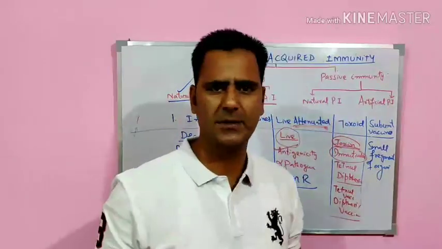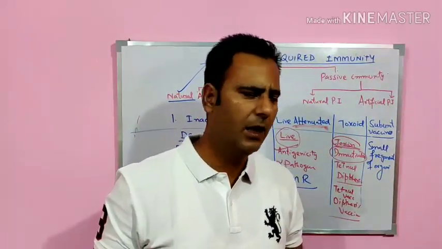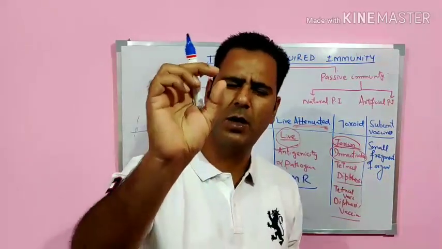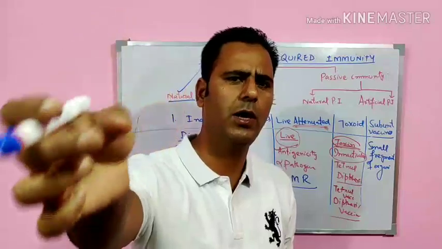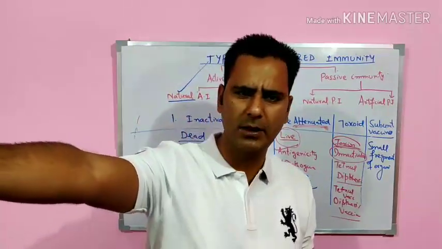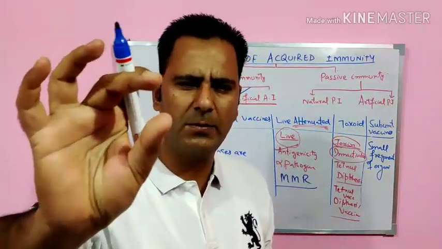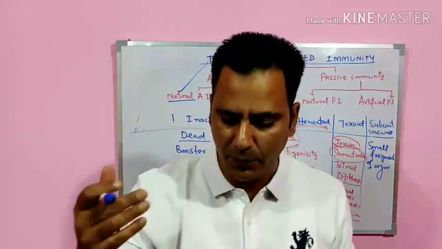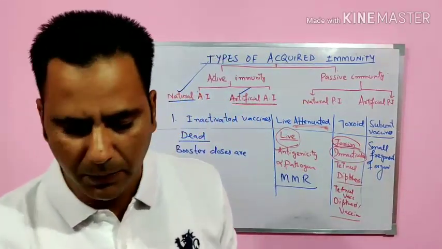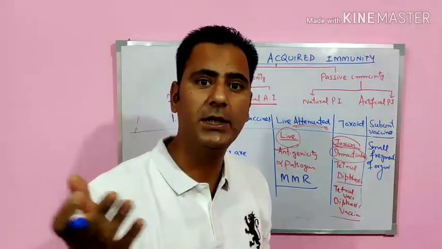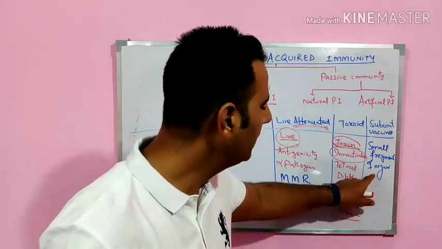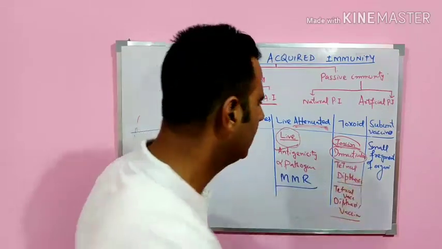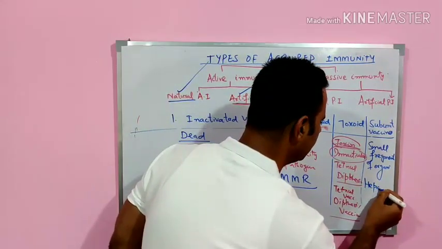But in this case, we are only using a small portion of that particular organism. We do not require a complete organism. We require a particular small fraction of that organism. This type of vaccination was possible by way of recombinant DNA technology. These vaccines were made by recombinant DNA technology, and the example of this type of vaccine is the hepatitis B vaccine.